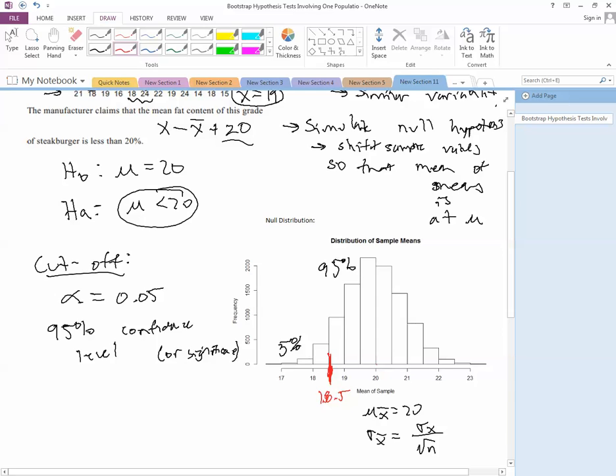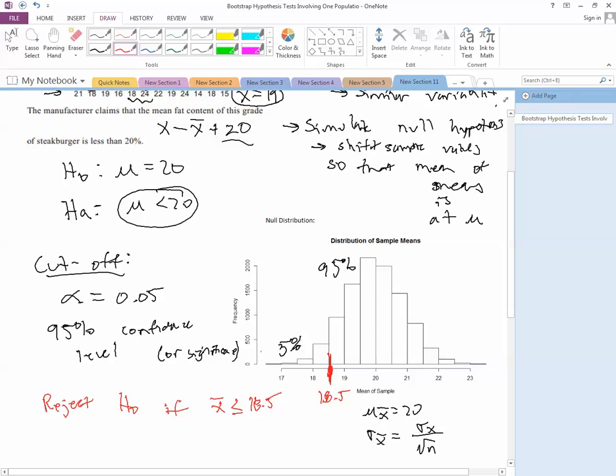So I would say reject H naught if x bar is less than, or we'll say or equal to, because we want to be 95% confident, 18.5.